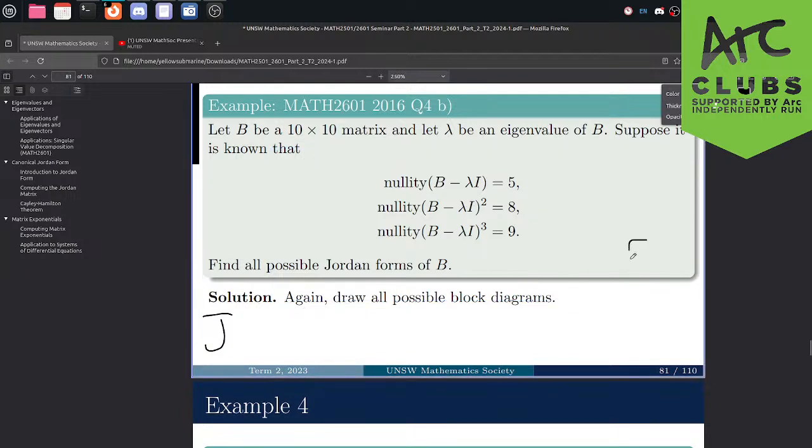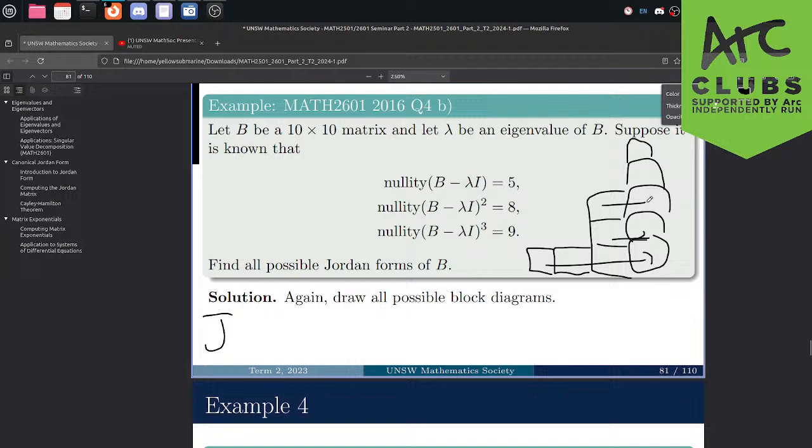So let's try and redraw this. 1, 2, 3, 4, 5. So in the case where we have 10 individual pieces, these are our Jordan chains.